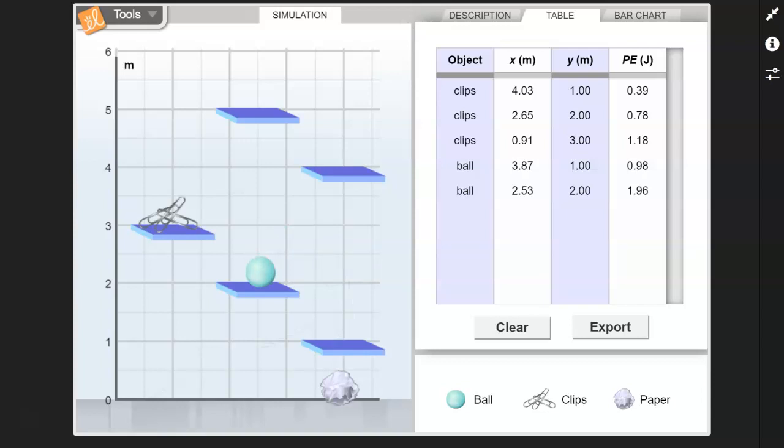On the third shelf, the ball has 2.94 joules. I could take this data and average the amount of joules the paper clips have and the amount of joules the ball has in terms of gravitational potential energy.